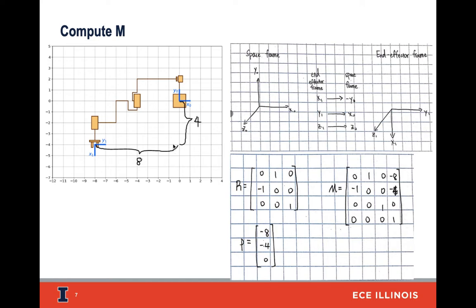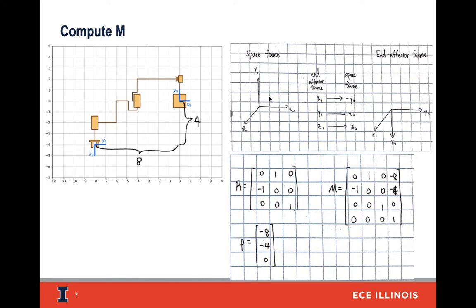First, we want to compute the M in this problem. As you can see, the end effector frame is 8 units away on the x-axis from the space frame, and 4 units away on the y-axis.